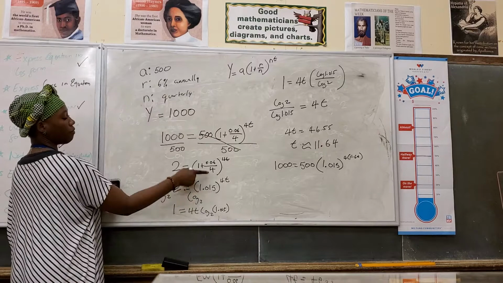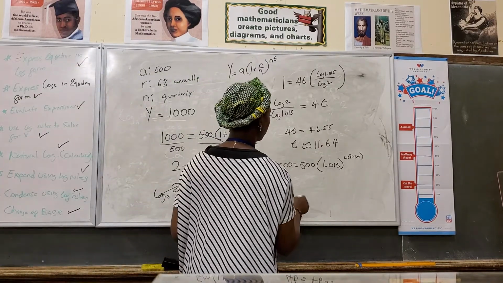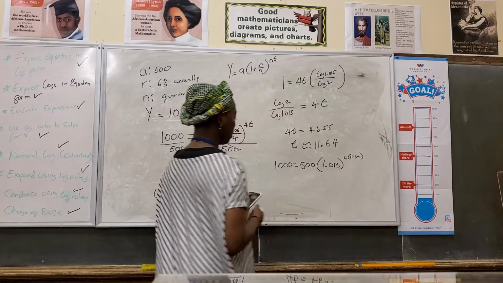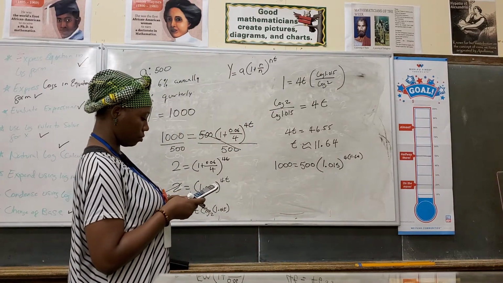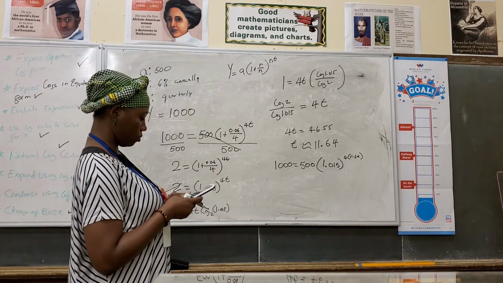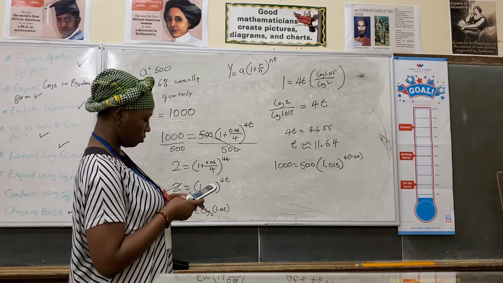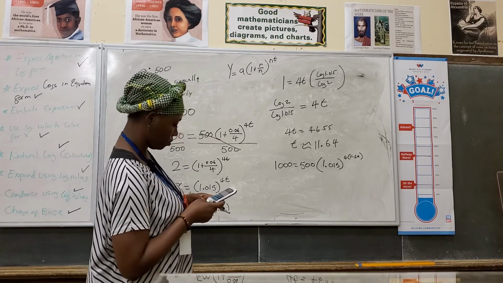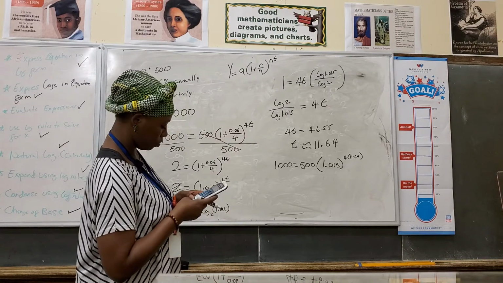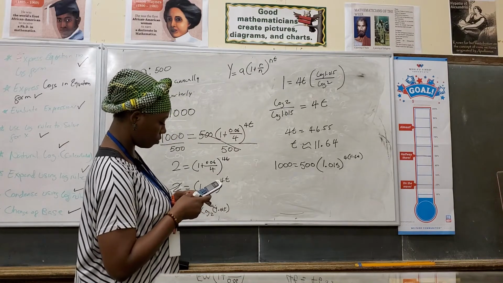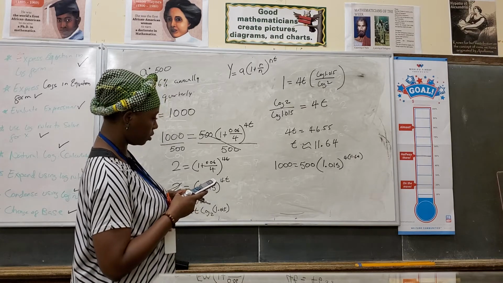And 1.015 is just this right there. So I'm going to do this portion first, 1.015 raised to the power of that. And then multiply that by 500.